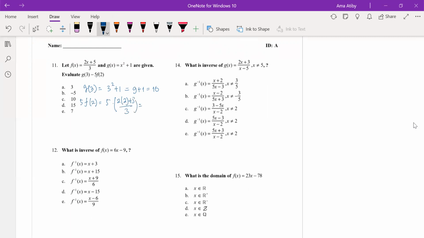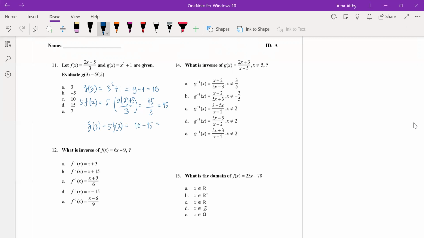So 2 plus 2 is 4, 4 plus 5 is 9, 9 multiplied by 5 is 45 over 3. So it is equal to 15. And therefore, g of 3 minus 5 times f of 2 is equal to 10 minus 15.